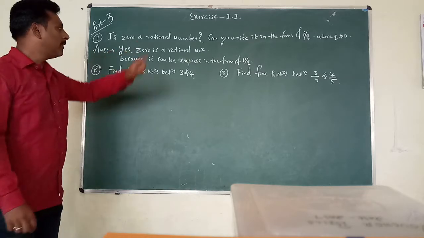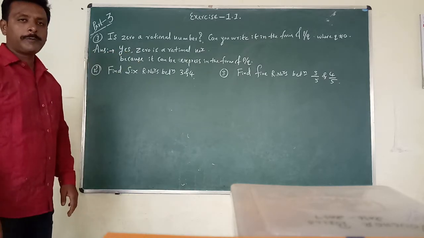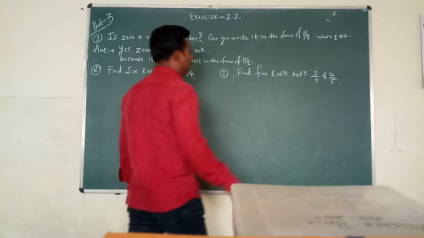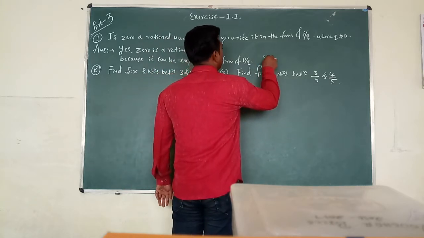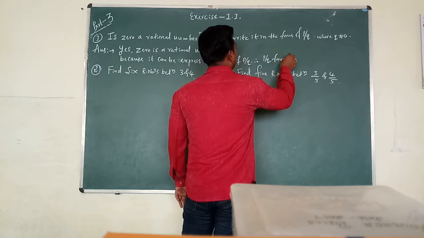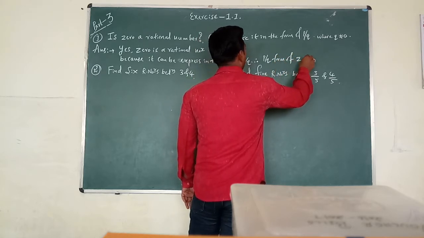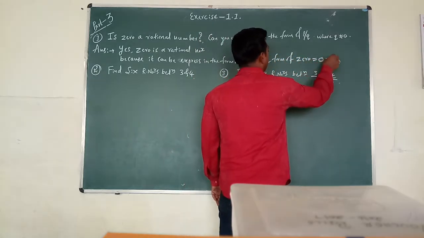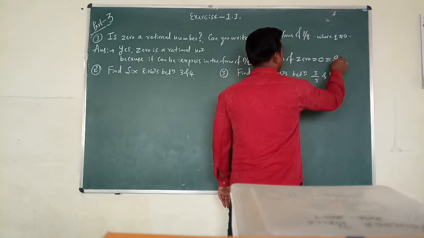That's why 0 is a rational number. How to express 0 as p by q? Therefore, the p by q form of 0, that is, 0 can be written as 0 divided by 1.